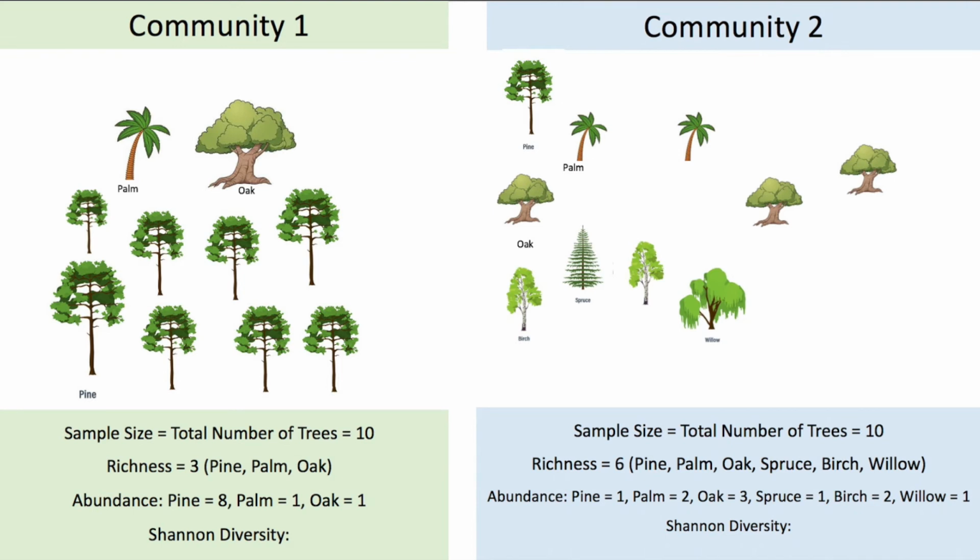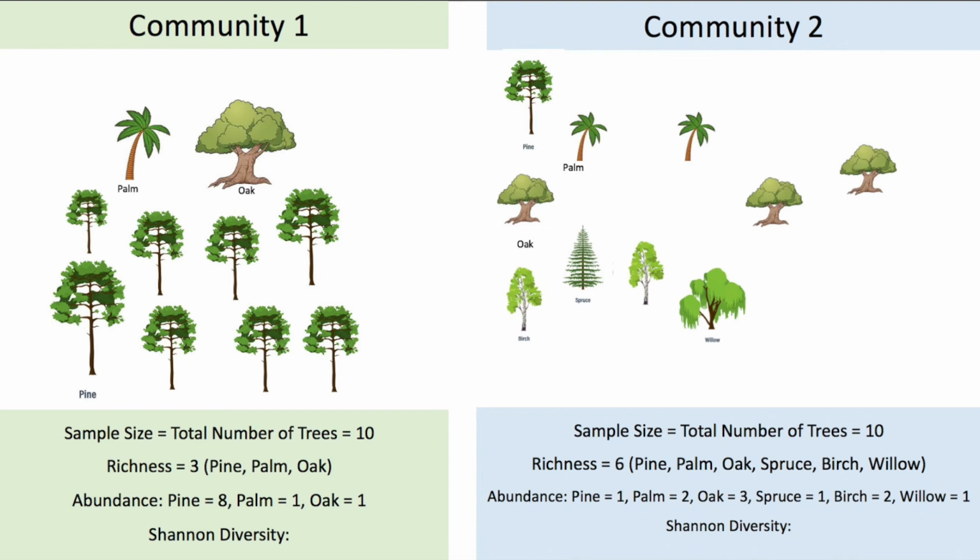Oak trees are the most represented at 30%, but they're all at 10, 20, and 30%. So if we look at that data alone, we can determine that there really isn't one type of tree that's dominating this community. They're all fairly evenly represented.